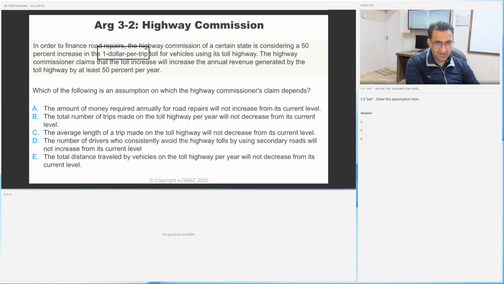Not E anymore, because we're paying on a per trip basis rather than on a per mile basis. Again, same argument. If you understand it and visualize it, you can really see how the correct answer moves from E to B. It's all about reading and understanding the argument.